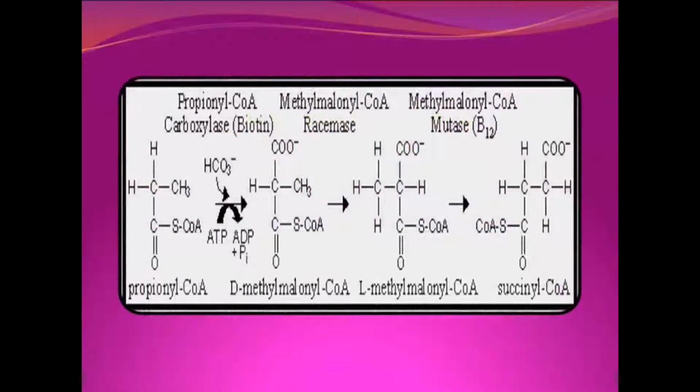In this pathway, there are 4 steps. In the first step, propionyl-CoA gets converted to D-methylmalonyl-CoA. Then this D-methylmalonyl-CoA is racemized to form L-methylmalonyl-CoA, and after that this L-methylmalonyl-CoA forms succinyl-CoA.